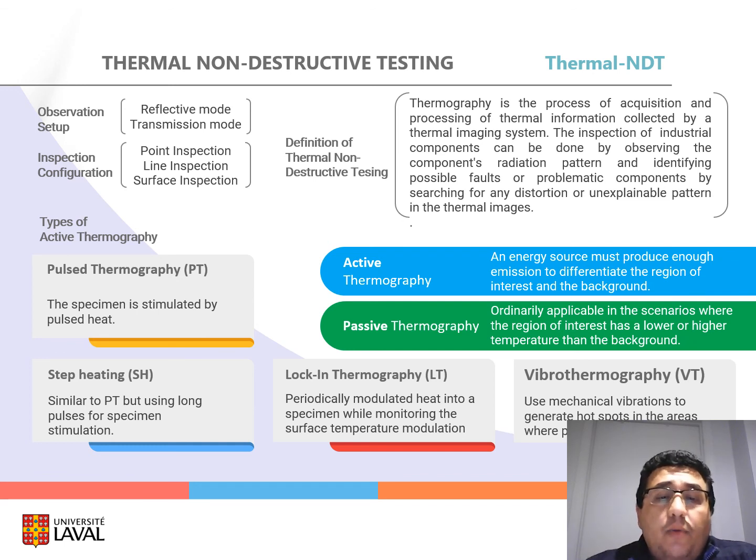And in locked-in thermography, we use a periodically modulated heat to excite the specimen surface. In vibrothermography, we use mechanical vibration in order to generate enough heating that we can detect defects inside the specimen.